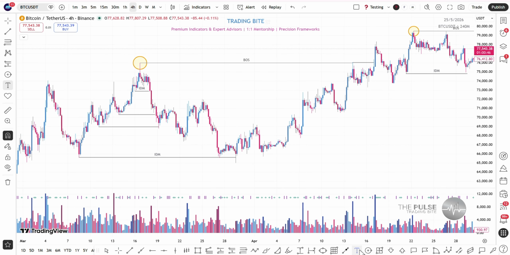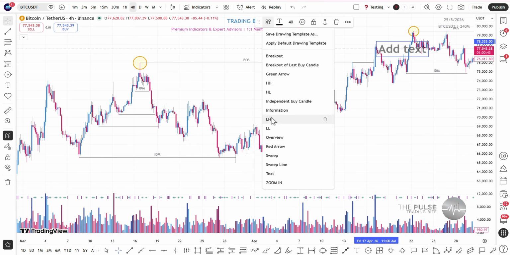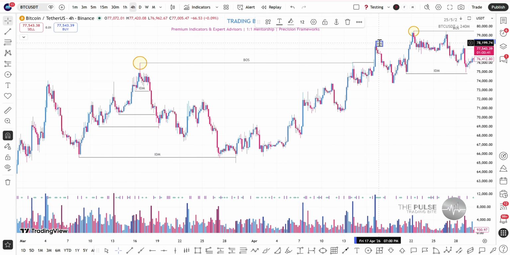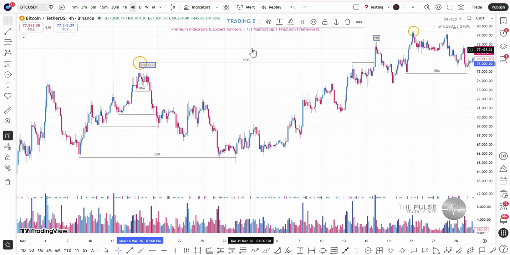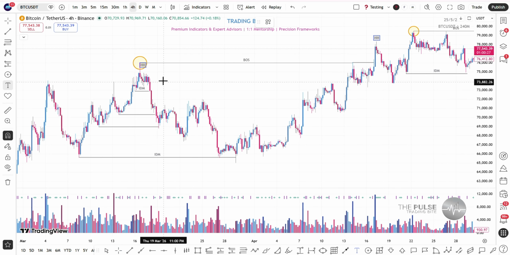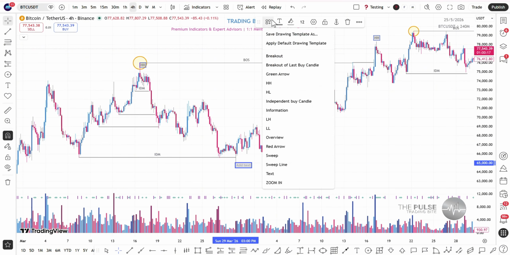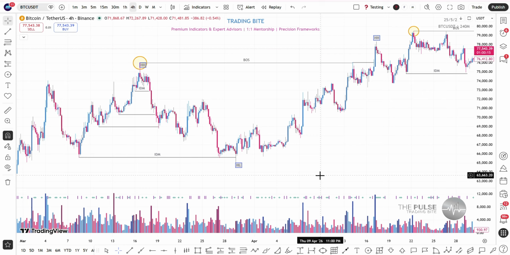We can call it a higher high, and then this is our higher high, and then this is our lower low. The lowest point is right over here, so this becomes our lower low, higher low. So now this is our valid swing and this is our valid breakout structure.